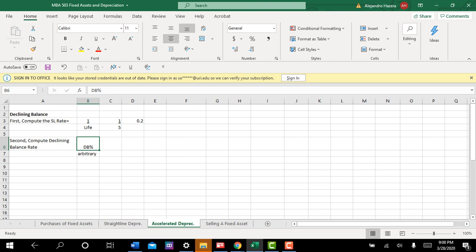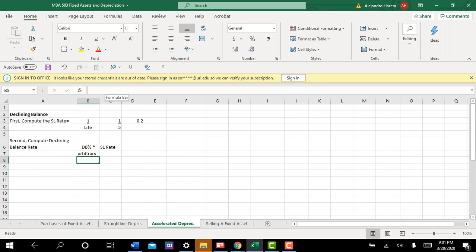So we're going to take our declining balance percentage and multiply that times our straight line rate. Here's how we're going to do this. We're going to use what is called double declining balance.